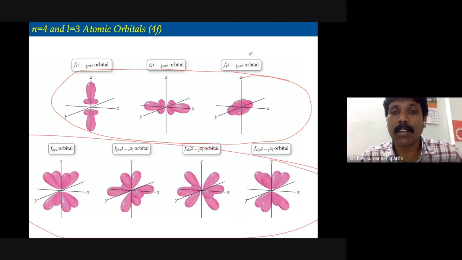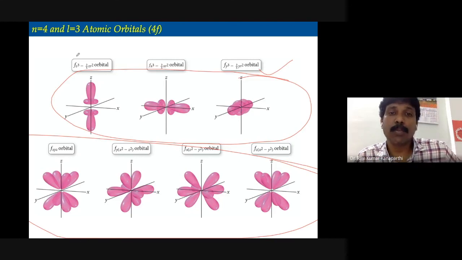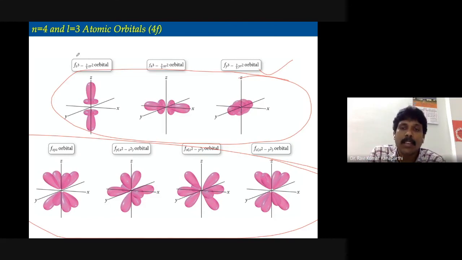The upper 3 are fz cube, fx cube, and fy cube. These are the cubic set, and these cubic sets have the lobes along the axes. The other set is not along the axes; they are in between the axes.